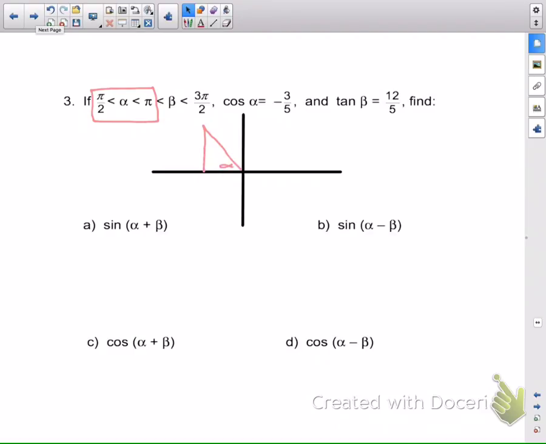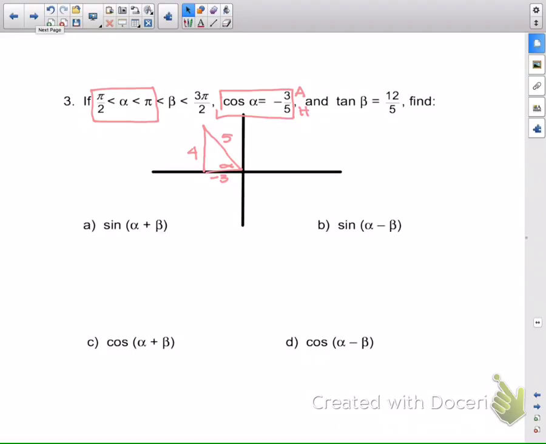Okay, so here's my alpha. The second thing they tell me about alpha is the cosine, which gives me which two sides of my triangle? Adjacent over hypotenuse. So the adjacent is negative 3. The hypotenuse is 5, which tells me my third side is what? 4.